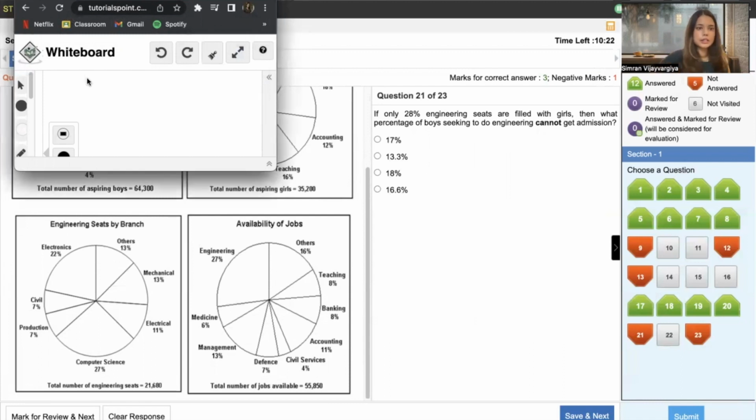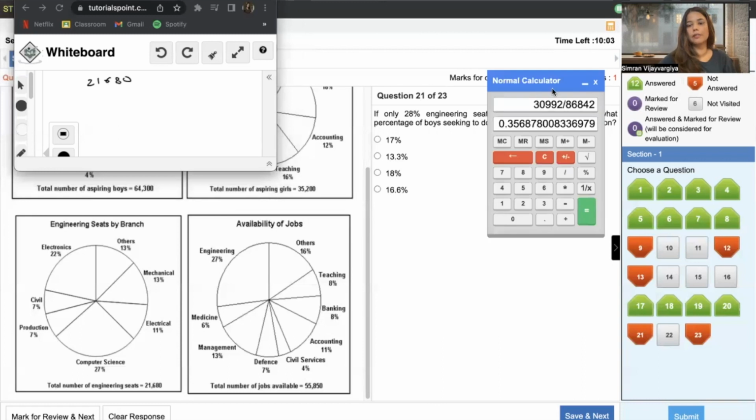So total number of engineering seats is 21680. Great. 28% of engineering seats are filled with girls. So we'll find how many percentage is remaining for boys.